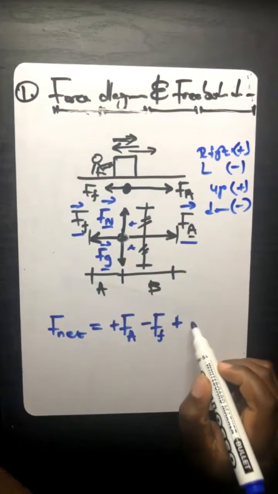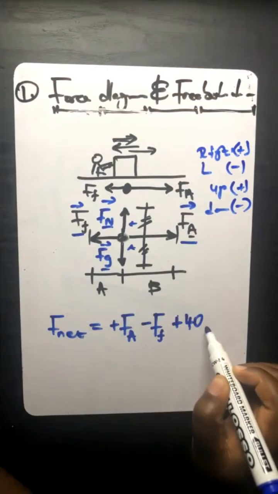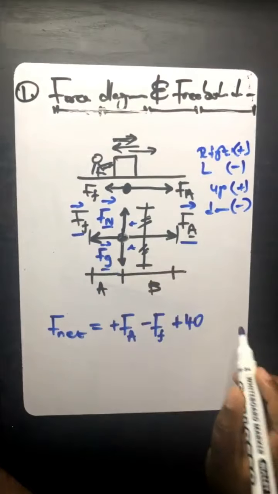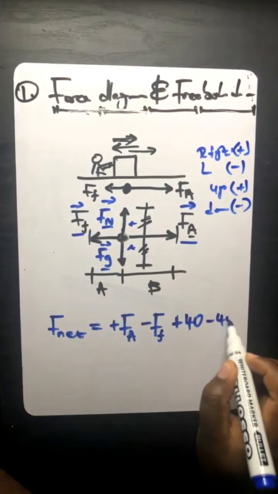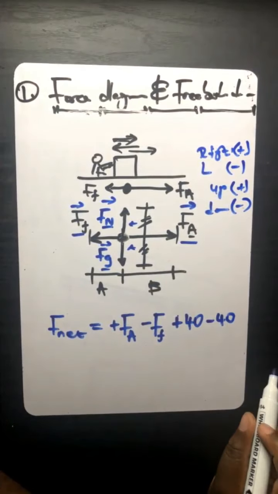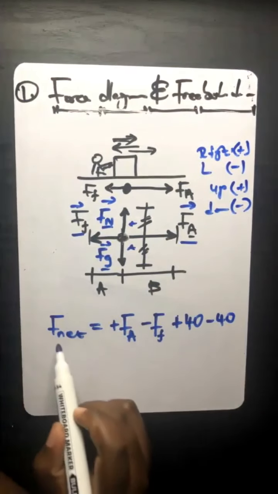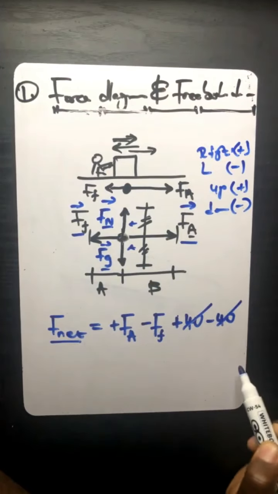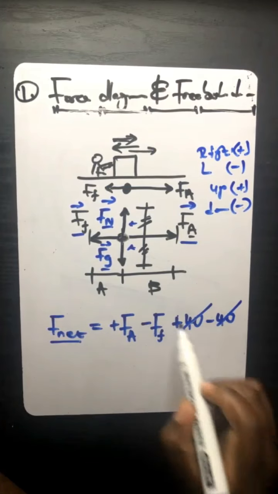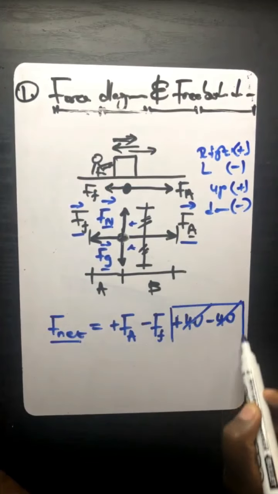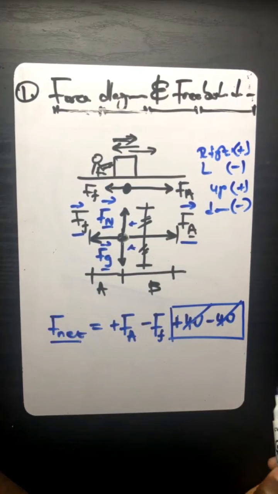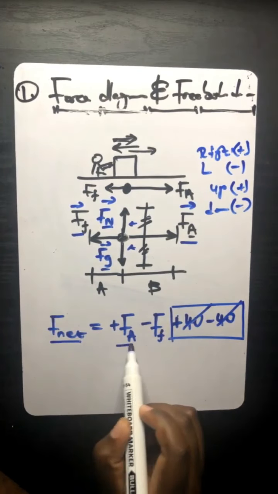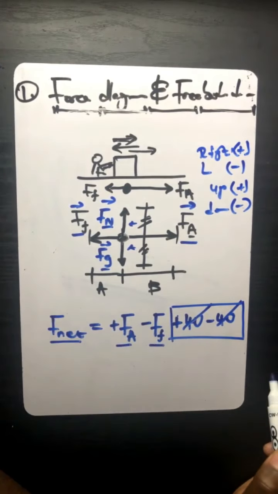So maybe if normal force was 40, then it means the force of gravity is still 40, but in the opposite direction. That is the reason why when we deal with net force, you exclude those two from the formula, because on their own, they cancel each other out. You therefore remain with applied force and frictional force.